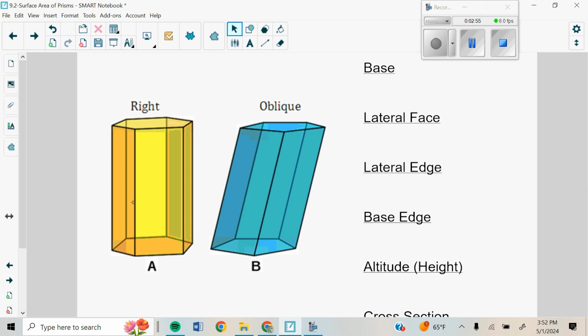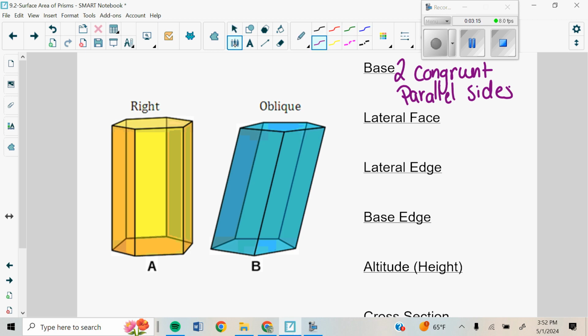All right, so base, definition of a base is our two congruent parallel sides. Two congruent parallel sides. All right, then we have a lateral face.